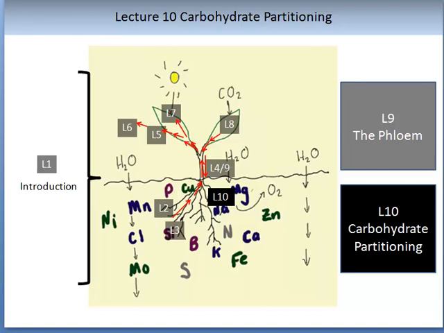We learnt about the non-light requiring reactions of photosynthesis that occur in the stroma. This is where glucose is produced. Glucose can be cleaved into a molecule called sucrose, which can then be moved or translocated around the plant via the phloem, and we learnt about this in Lecture 9.